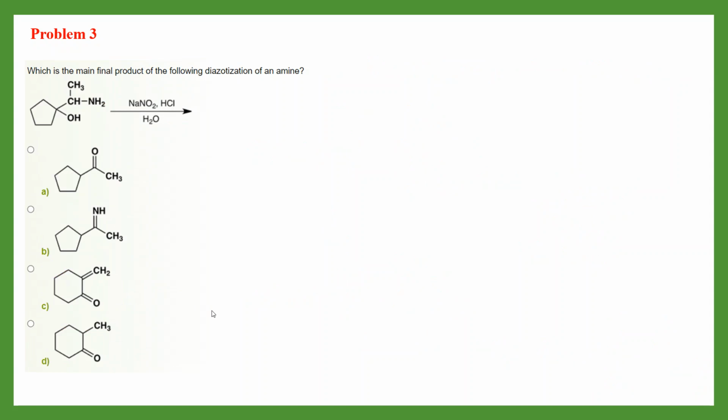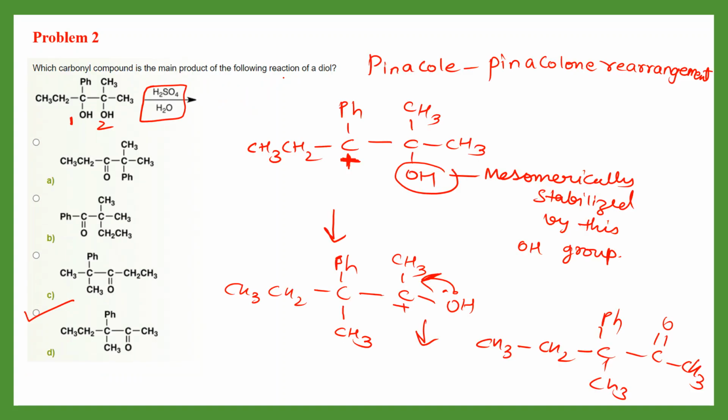Very good. So students, whenever you have NH2 as the leaving group, we all very well know that in the presence of NaNO2 and HCl, it is going to form your diazonium salt, correct? In this reaction, one group becomes a leaving group and another group becomes a mesomerically stabilizing group.